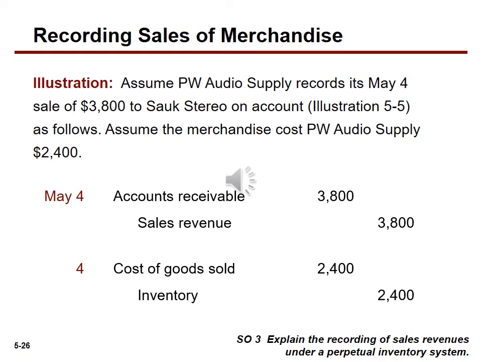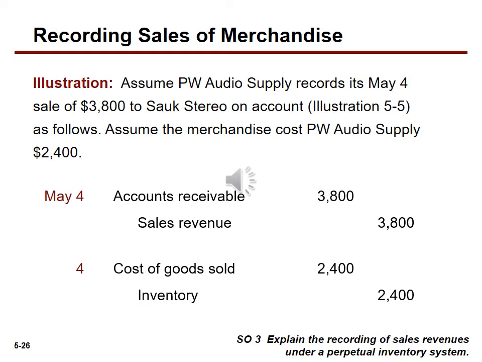So back to the first transaction, which is the sale transaction in this case, because we're looking at it from PW Audio Supply Inc.'s perspective. The transaction here says assume PW Audio Supply records its May 4th sale of 3,800 to Souk Stereo on account as follows, and assume the merchandise cost PW Audio Supply is 2,400.